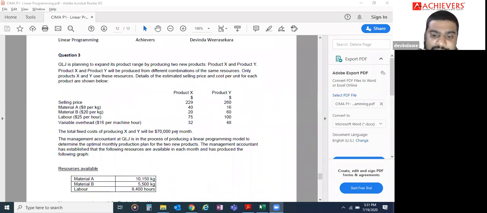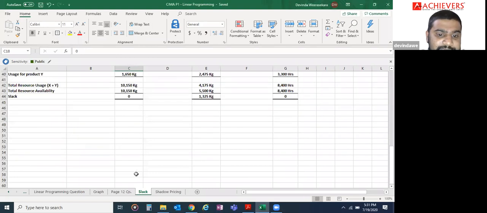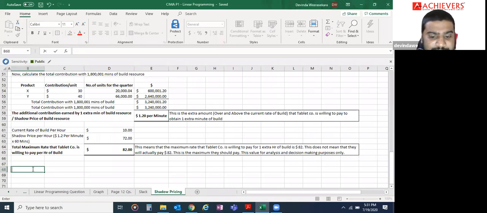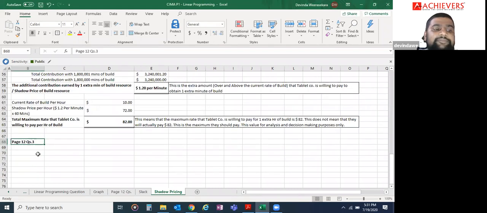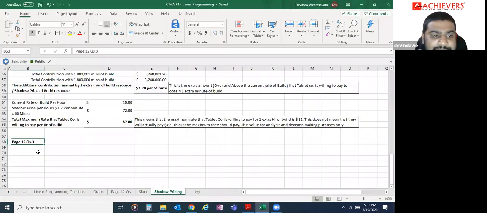Let's go through it. So the shadow prices are there for material A and labor.